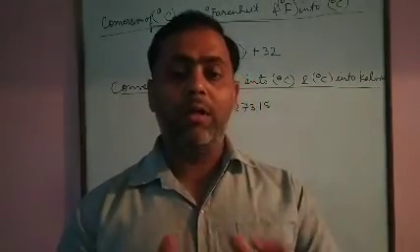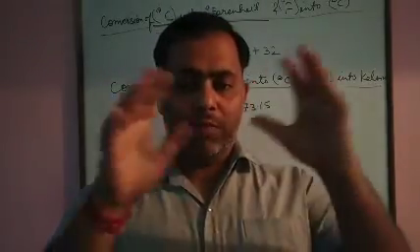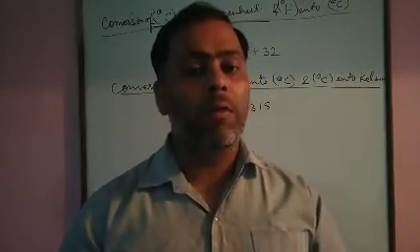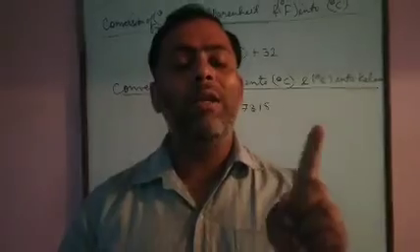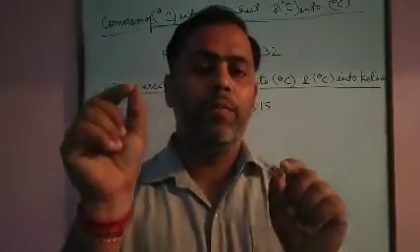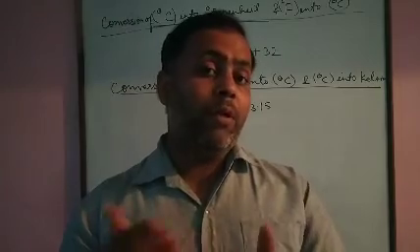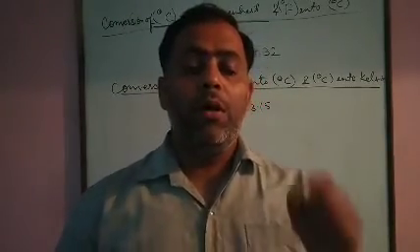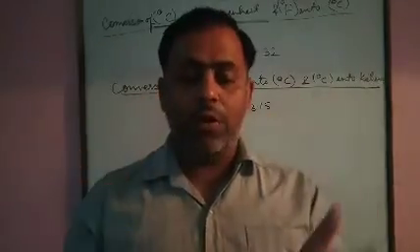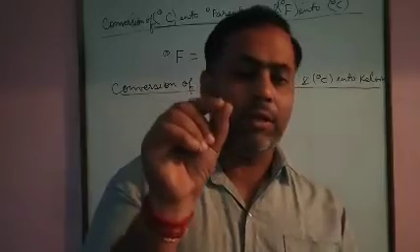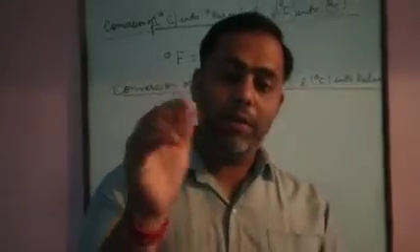Let us understand it once again. If this is the volume, and we divide it into 273 equal parts, on increasing the temperature by 1 degree, one more part is added. What will happen if we decrease the temperature? On decreasing the temperature by 1 degree, one part is decreased, and on decreasing by 2 degrees, two parts are decreased.